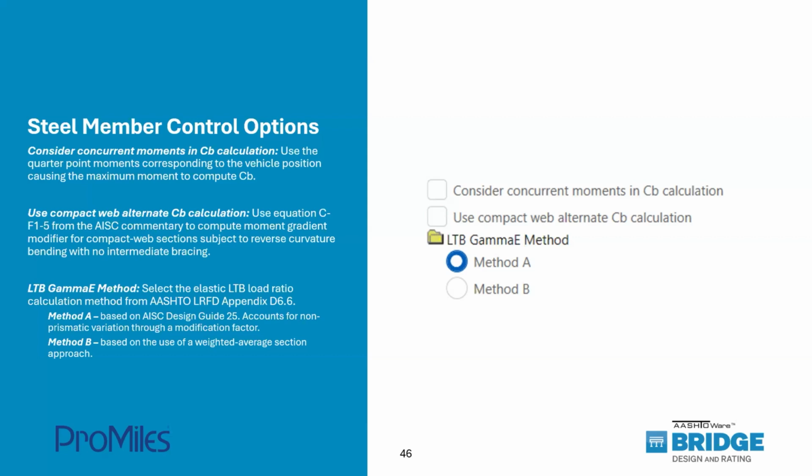For Method B, most inputs in BrDR are going to be compatible with both Method A and Method B. However, for some cross-section variations, the variation is going to be incompatible with the interpolation equations provided in Method B. And in that case, the program will revert to Method A if you have Method B selected.